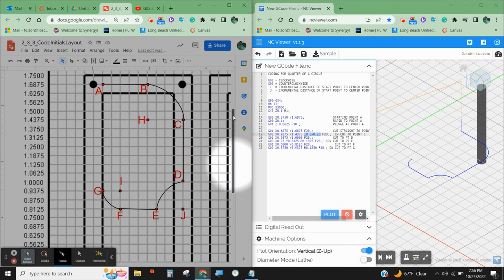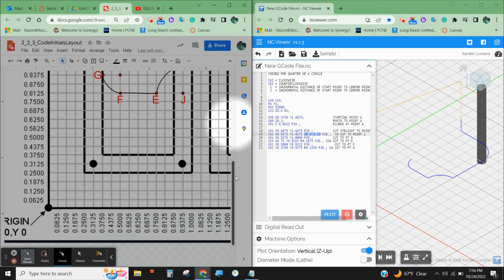Okay. This one is 4 squares away. 4 squares away is 1, 2, 3, 4. It's 0.25. So I'm going to type in R 0.25. Okay. I'm going to plot it, see how it looks.